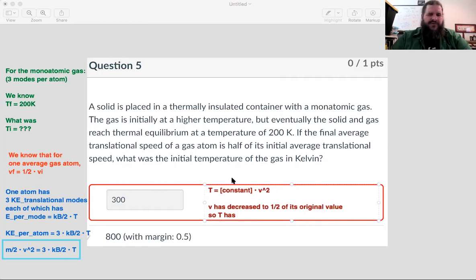If temperature were equal to a constant times speed, then I'd expect temperature to also drop to half the original amount. But temperature is not proportional to speed here. Temperature is proportional to speed squared. Okay. So if you multiply speed by 1/2, what's going to happen to that 1/2? If you just change speed to half the speed, what happens to that half when you square it?